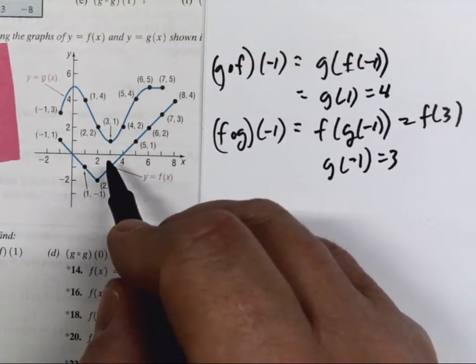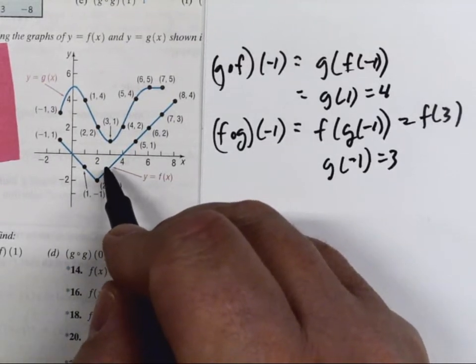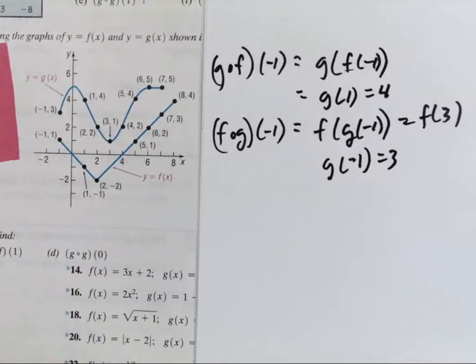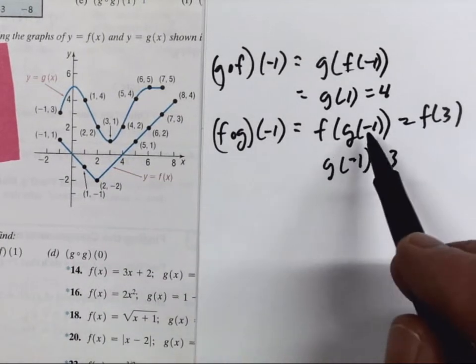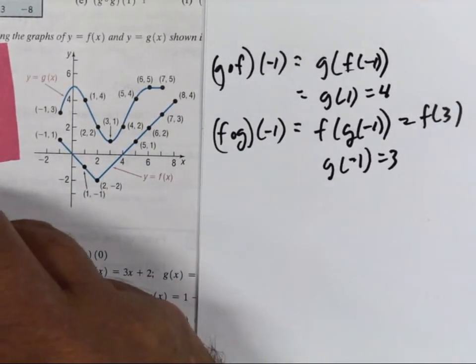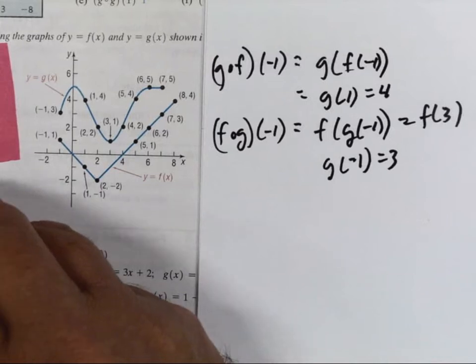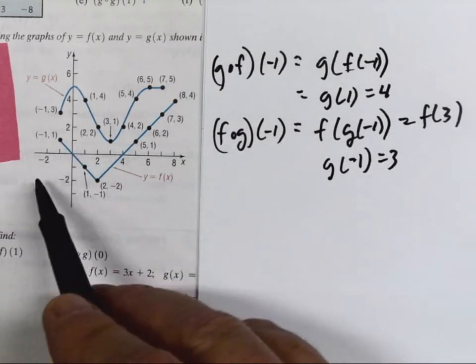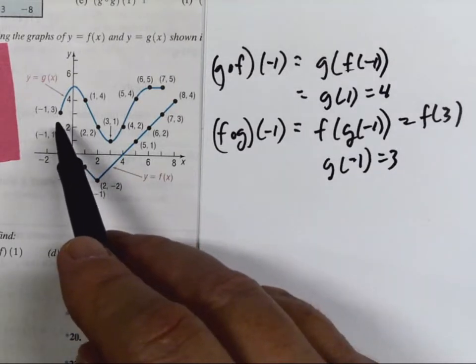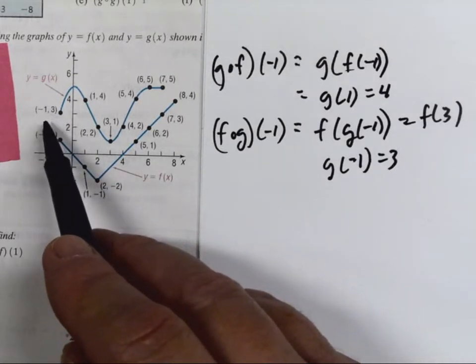Now, I wonder if I made a mistake, because normally they would give me the point here. Let's make sure I didn't make a mistake. Here's the problem, f of g of -1. G of -1 is 3.